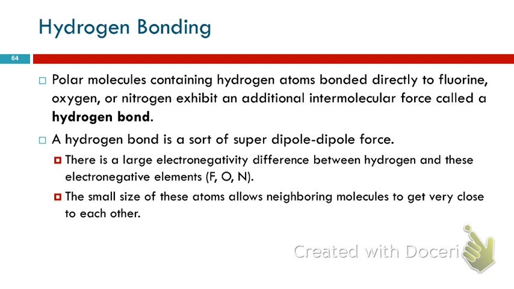So how do you remember what's needed for hydrogen bonding? We need fluorine, oxygen, or nitrogen bonded directly to hydrogen. Have you seen the movie E.T.? What did E.T. say?